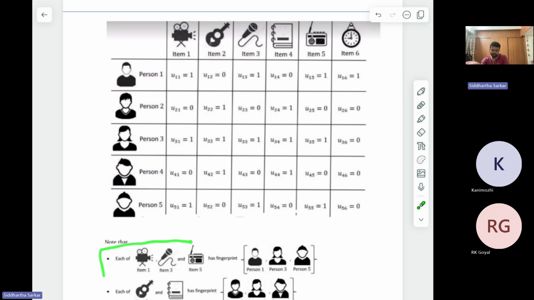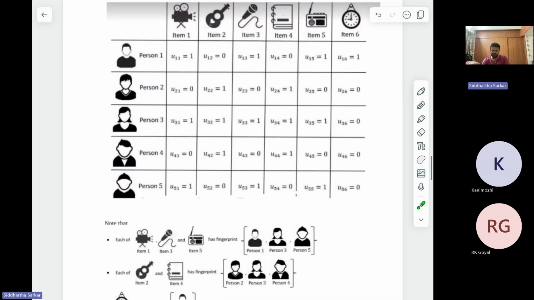That is what is written here, that each of these three items has the same fingerprint. Fingerprint means the set of persons having preference for an item. So this item is preferred by these three human beings, and we are just using a term and saying that this item has a fingerprint of this.